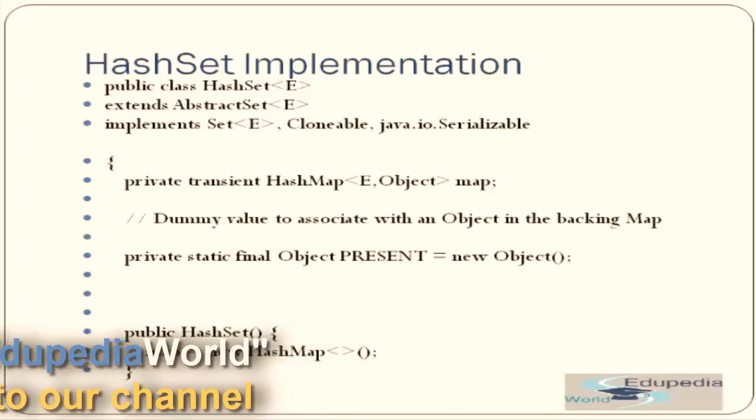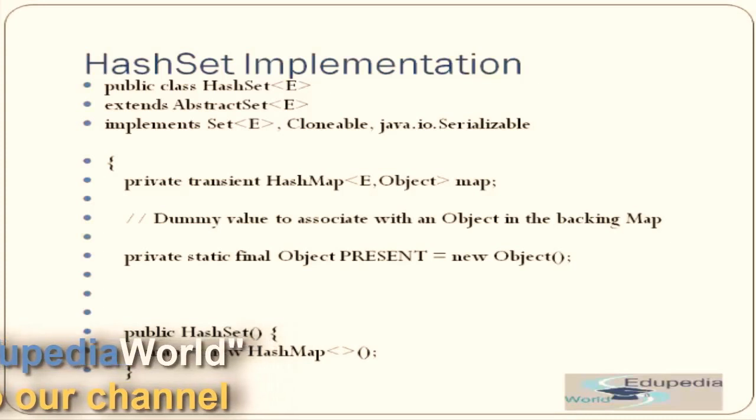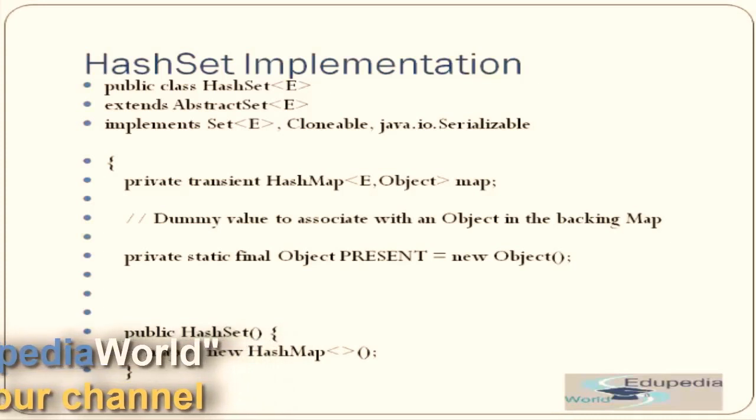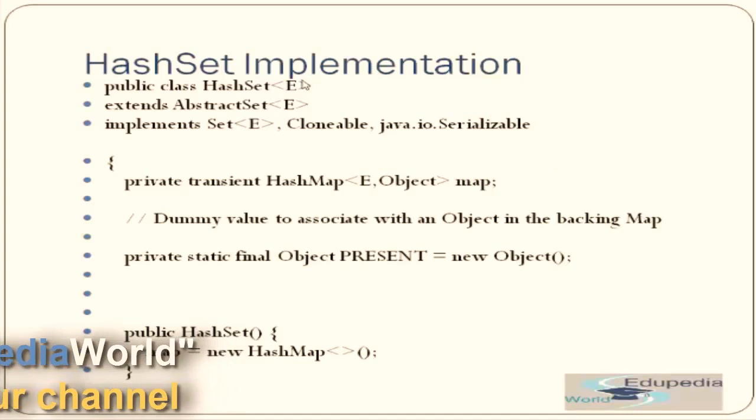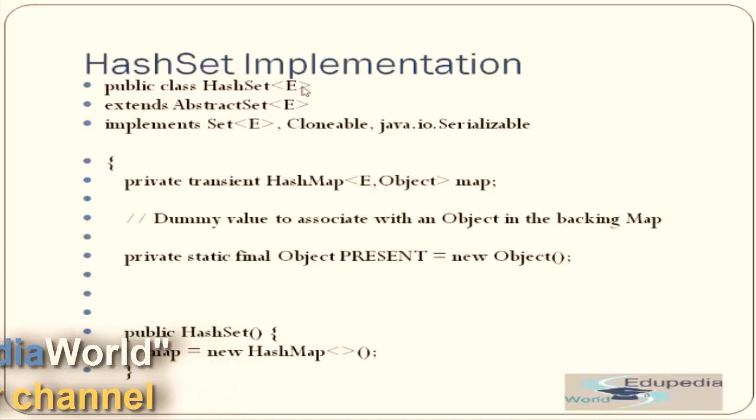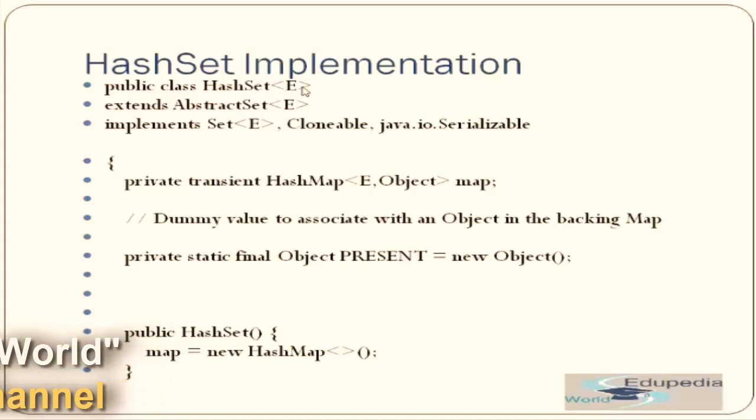If we see, HashSet is a public class and E over here just represents the element, which can be any class type. Then it extends AbstractSet. AbstractSet itself implements another interface, which is Set, and HashSet directly extends AbstractSet, so it indirectly extends the Set interface.